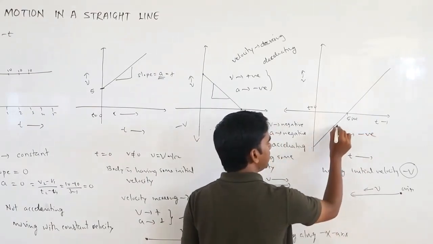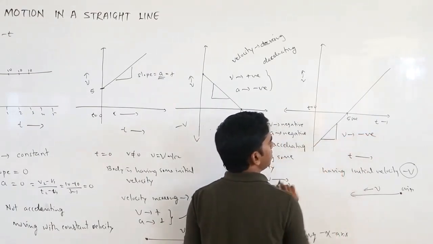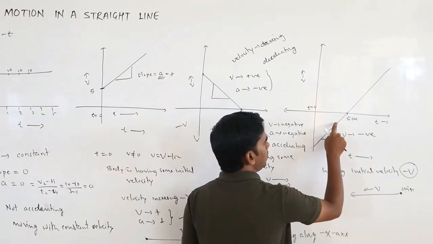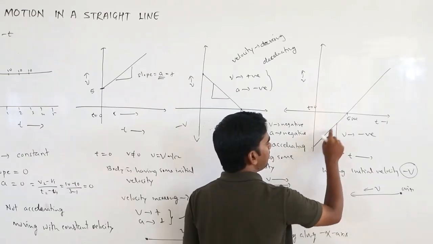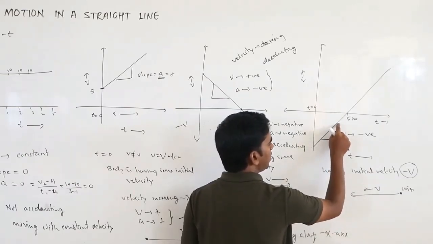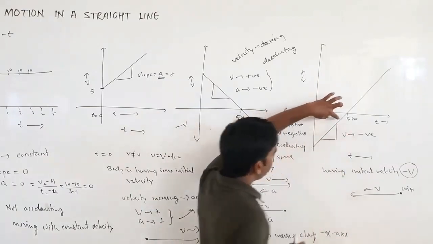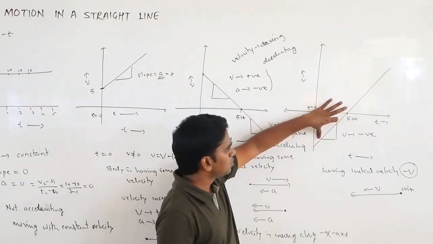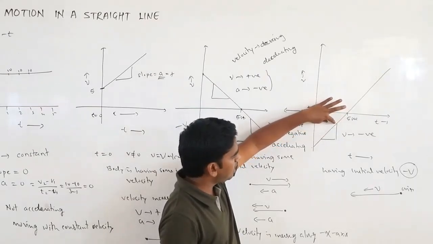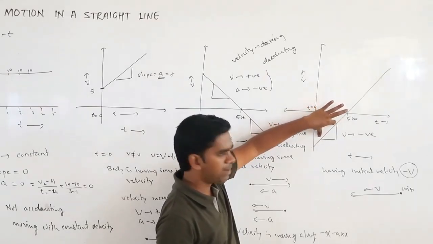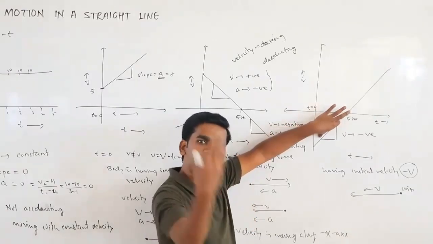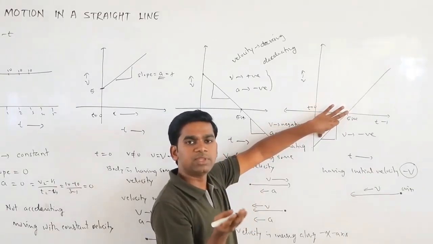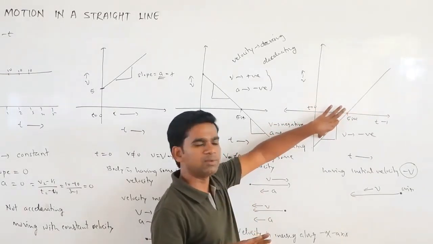What about the slope? This is v1, this is v2. Here v2 is also negative, v1 is also negative. So v2 minus v1, negative of small value minus negative of large value, will become a positive value.